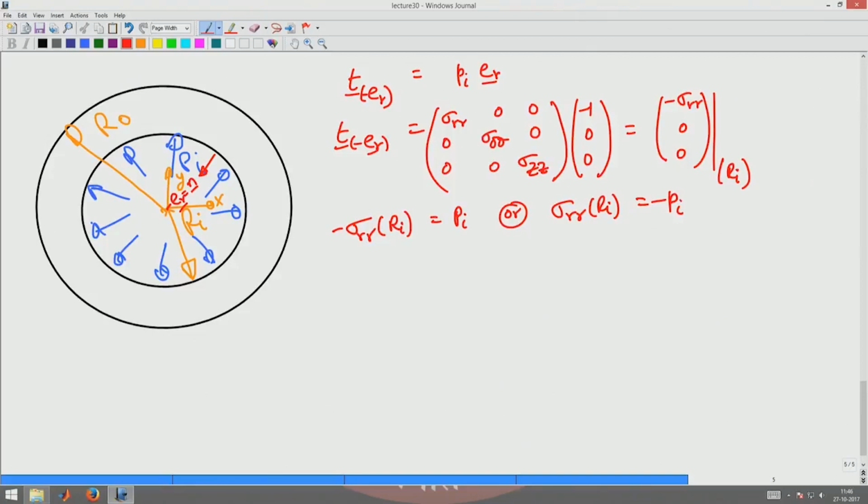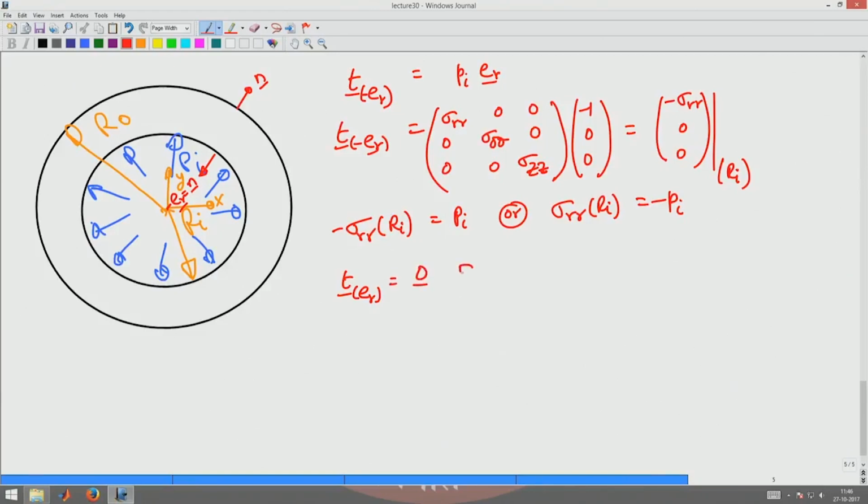Okay. Now, similarly at the outer surface I am applying no traction. At the outer surface the normal is that, a positive Er normal. So, T of Er is the 0 vector.